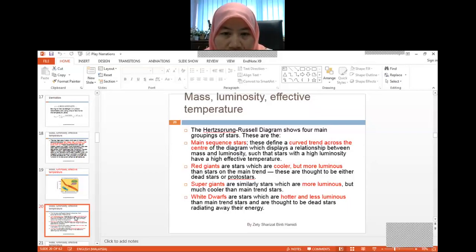For the supergiants, they are more luminous but cooler than the main sequence stars. Almost at the final stage, we have the white dwarf, which is the hottest and less luminous, so the size is much smaller compared to the supergiants and red giants. It is also thought to be a dead star.